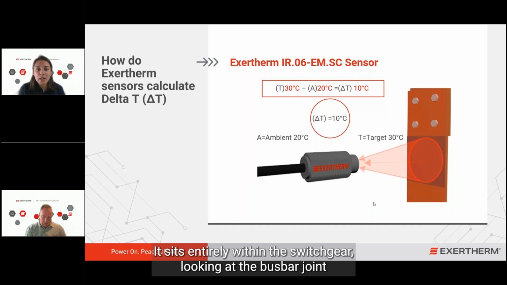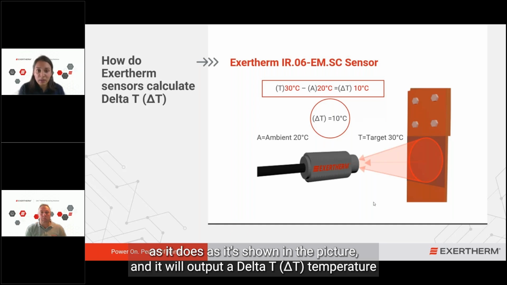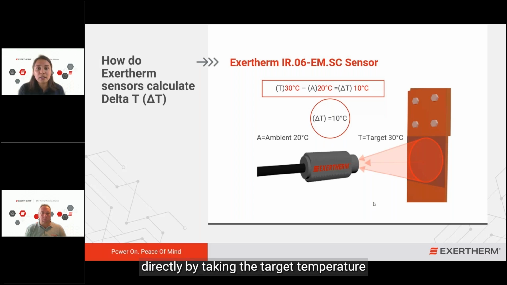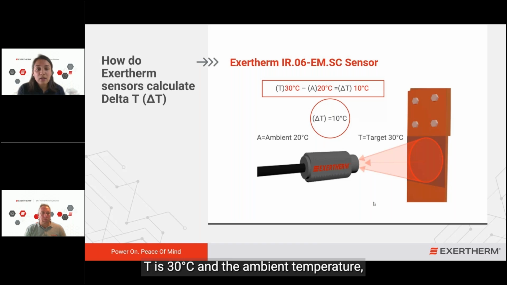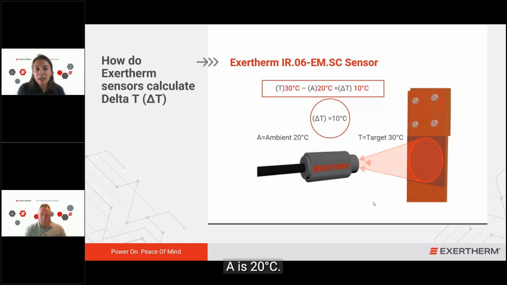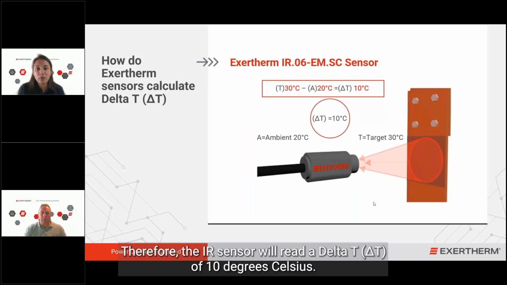It sits entirely within the switchgear, looking at the busbar joint as shown in the picture, and it will output a delta T temperature directly by taking the target temperature and the ambient temperature around it. So for example here, the target temperature T is 30 degrees Celsius and the ambient temperature A is 20 degrees Celsius. Therefore, the IR sensor will read a delta T of 10 degrees Celsius.